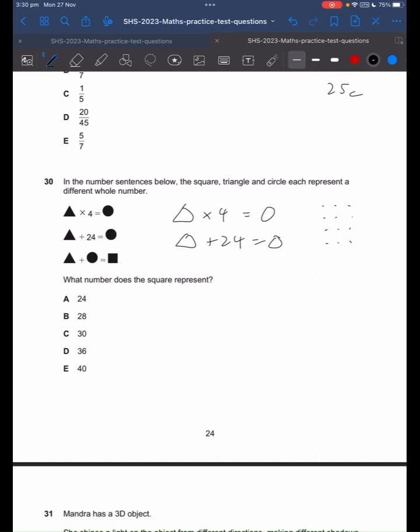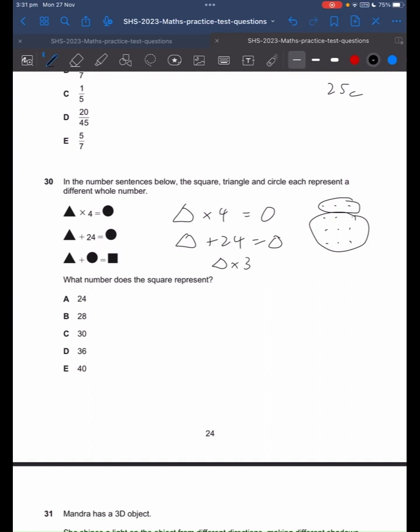This is just a representation. Now, triangle plus 24 gives us the same number. Triangle plus 24 is like saying, oh, we already have this much, we're going to add this much to it. So we can say that the plus 24 is basically the triangle times 3.